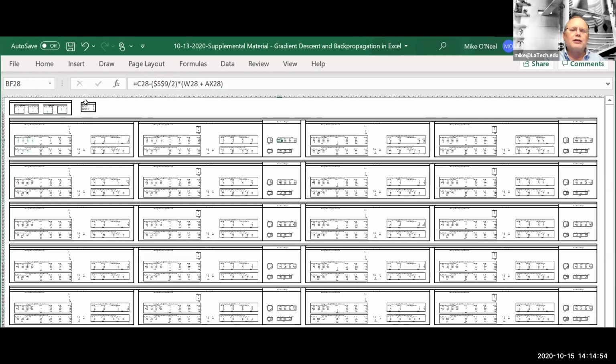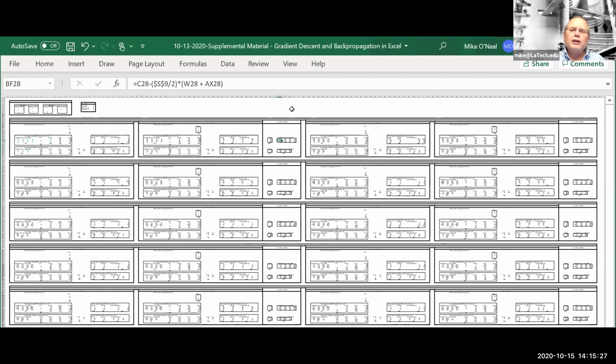I have my training data, and we'll look at this in a little while. This is where I have the network parameters, like how many nodes per level and what my learning rate is and stuff like that. And then each of these big things here is an epoch. So these are the epochs unwound, right? This would be sort of your outer loop in your training routine.